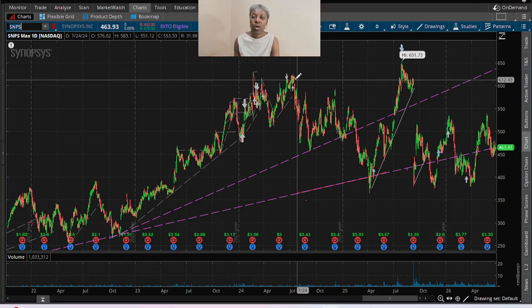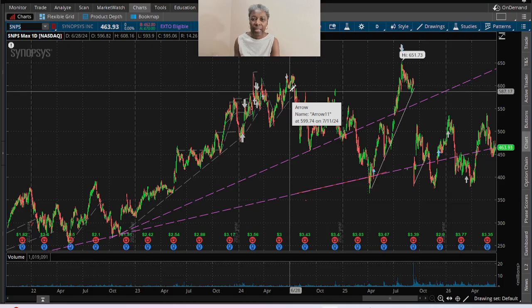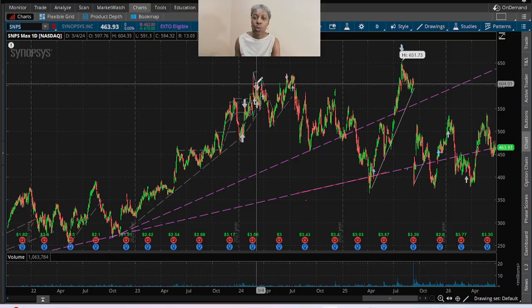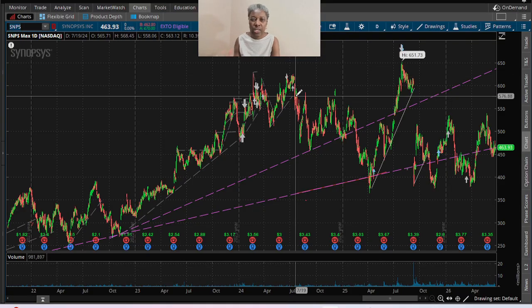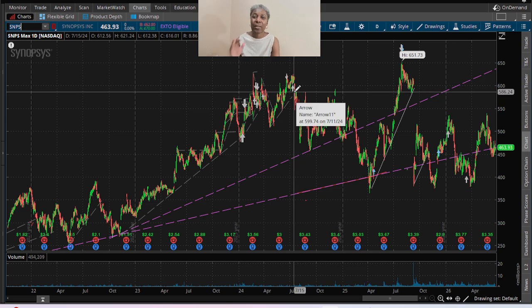Then I just decided that I'm going to be putting arrows on where I'm purchasing it. I think I was doing it together, but I found that the arrows were what I tended to reference.